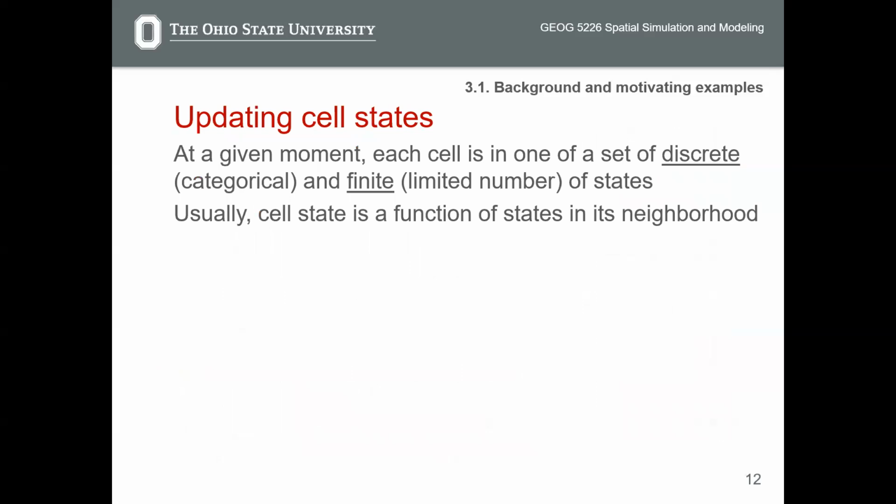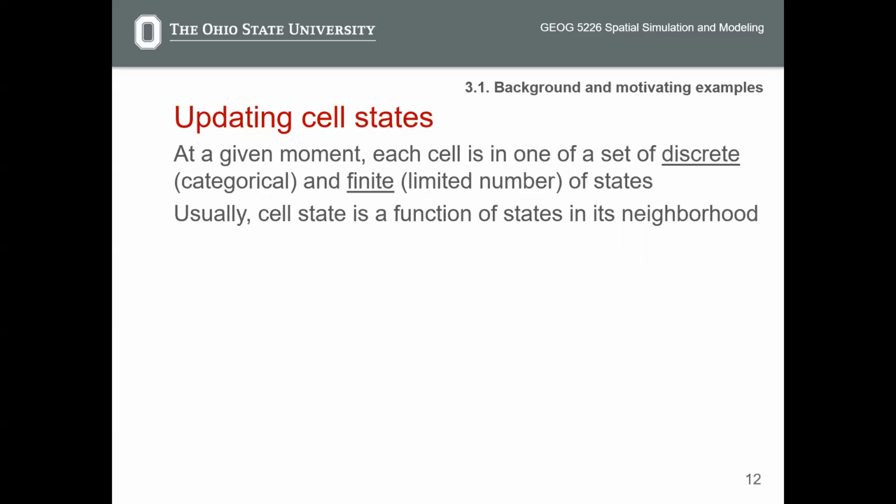So how to update cell states? Like I said, we update cell states by time, and time is addressed by ticks. At a given moment, each cell is in one of a set of discrete and finite states.